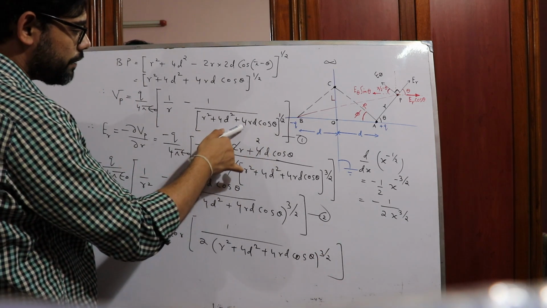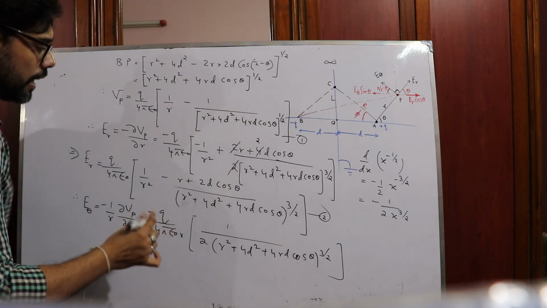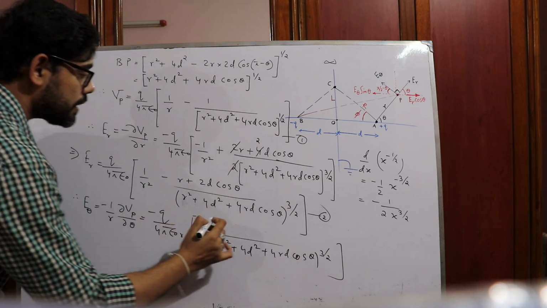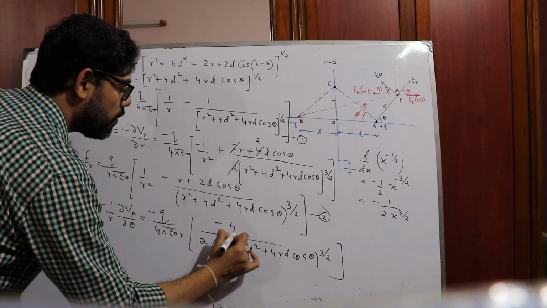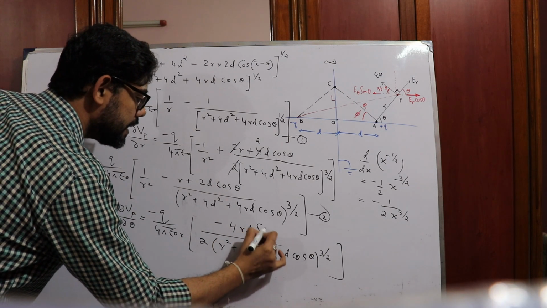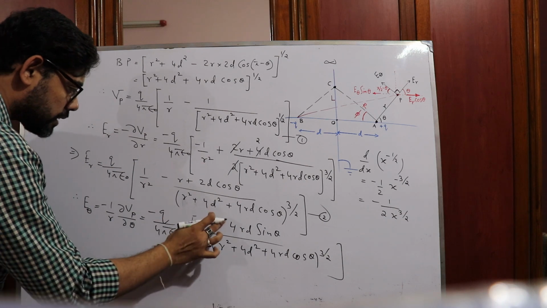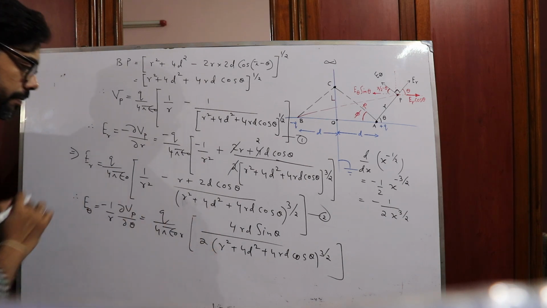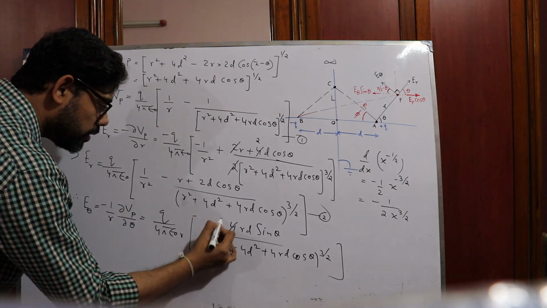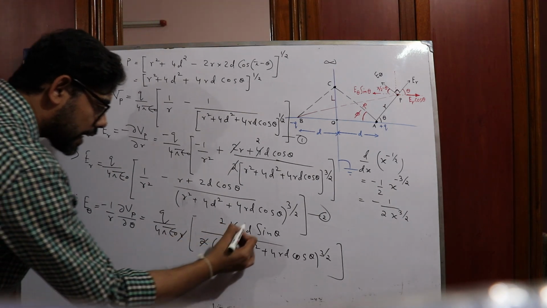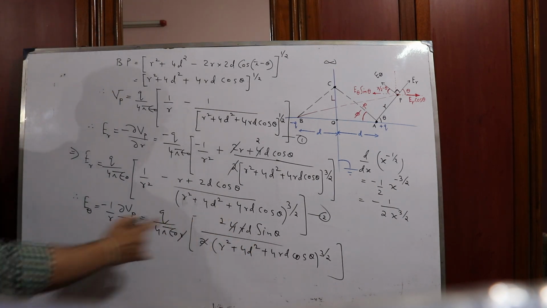Differentiate what is inside. If you differentiate with respect to theta, you will get minus 4rd sin theta. That's all that you will get. So this minus and this minus will make it plus. You can cancel the 2 here and you can cancel the r here. So basically this is E theta.